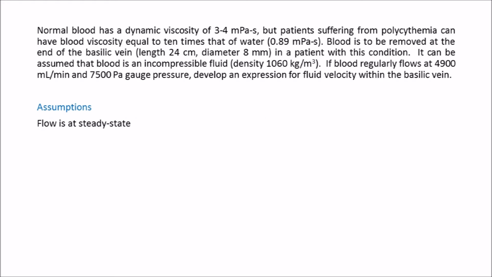We also assume that flow is at steady state. This means that all partial derivatives of v with respect to t are equal to 0. We'll assume that flow is in the z direction only, so Vr is equal to 0, and v theta is also equal to 0. Now we can apply these equations to the Navier-Stokes equation.